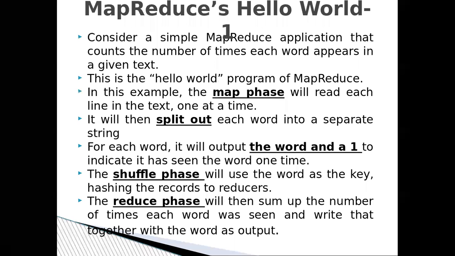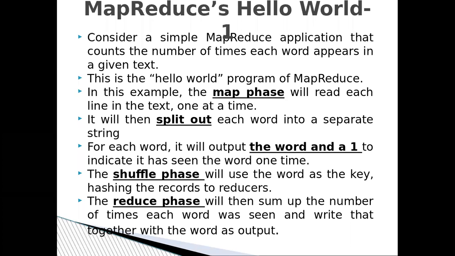That is how we talk of the MapReduce phases in theory. So let's now discuss a program which would make it more clear for you to understand this map, shuffle, and reduce phase. So consider a simple MapReduce application that counts the number of times each word appears in a given text. This is the word count problem of MapReduce.